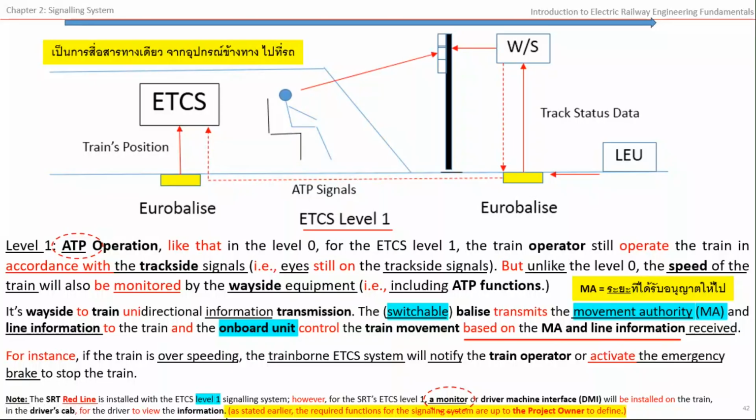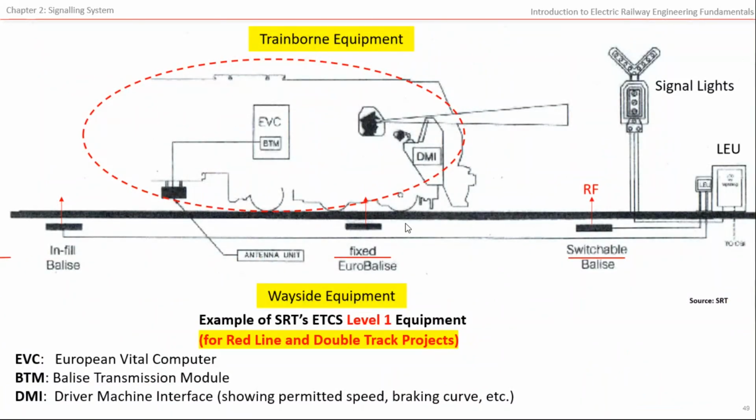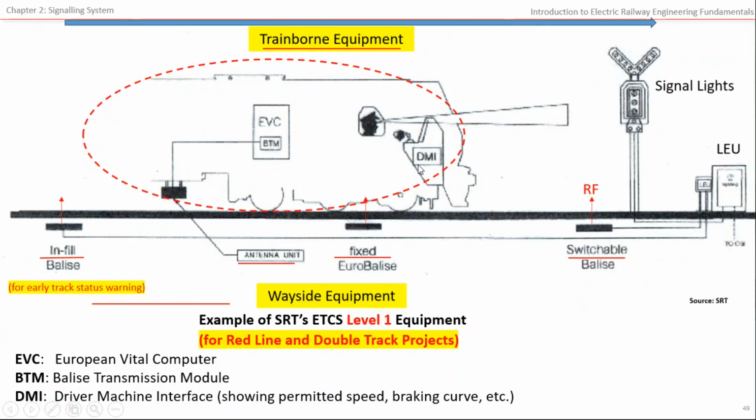As I stated earlier, the required functions for a signaling system are up to the project owner to define. So basically, this is an ETCS level 1 signaling system, but for the SRT Red Line, they add a monitor, the driver machine interface, showing permitted speed, braking curve, etc., or the movement authority function.